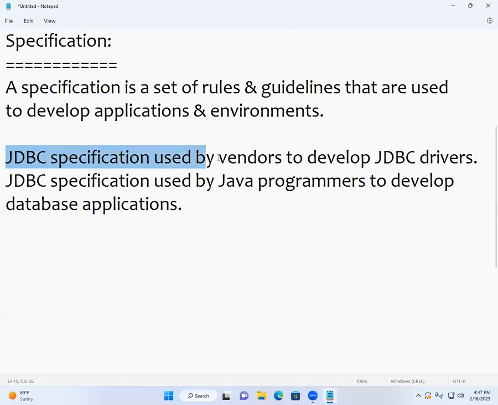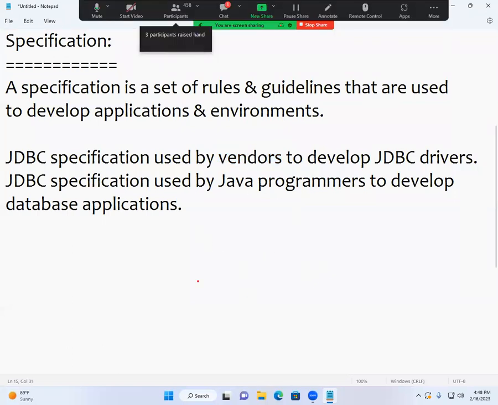Seeing the JDBC specification, companies developed drivers. Vendors are nothing but product-based companies like Sun Microsystems, Oracle, Google, IBM. You observe this specification is given by Sun Microsystems, but drivers are developed by different companies.